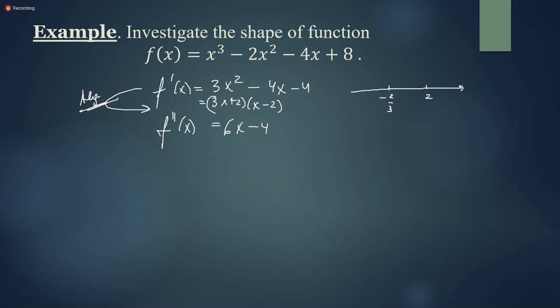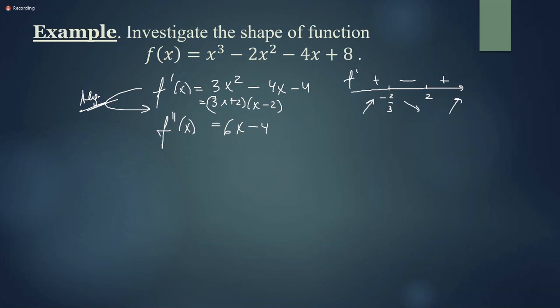Now we see if x is large positive, then both factors are positive and the derivative is positive. If x is between minus 2/3 and 2, for example 0, we see positive times negative, so it will be negative. And if x is a large negative value, both factors are negative, so the product is positive. So the function is increasing, decreasing, increasing.